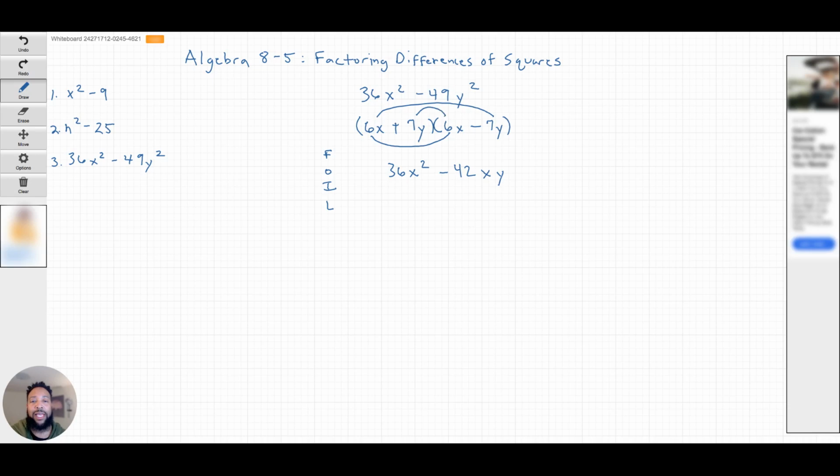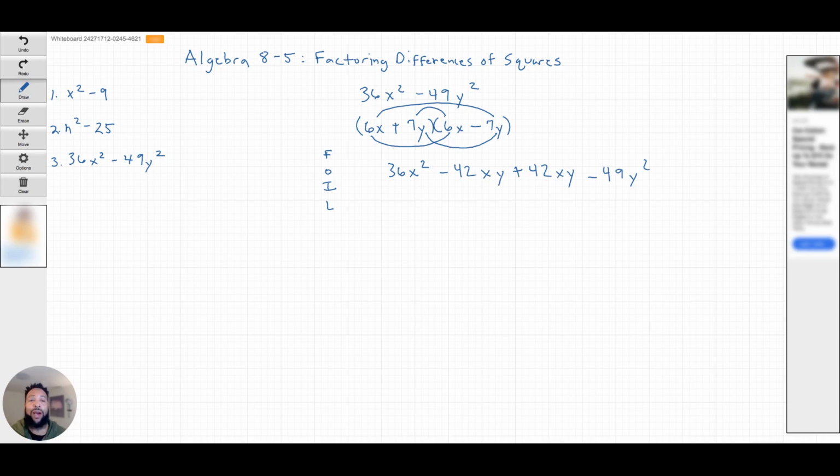Then our inside variables are 7y times 6x, which is going to be a positive 42xy. And then our last variables are 7y times negative 7y, which is negative 49y squared.